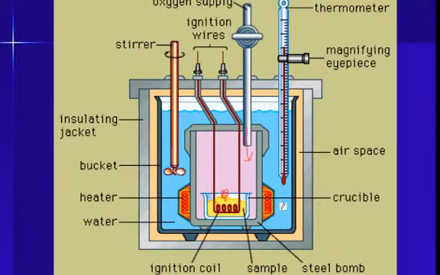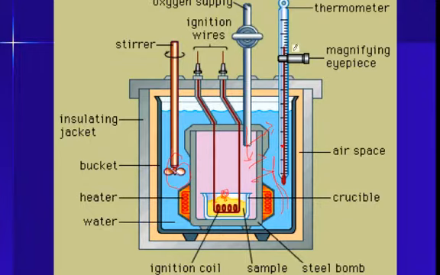Then you also have a jacket of water around it, and this water's job is going to be to absorb the energy. So you know the mass of the water, you know the starting temperature of the water, because that's what this is. You know water's specific heat. This is a stirrer, and very, very fancy. But what it does is the food burns, the energy goes into the water, and the water gets hotter.